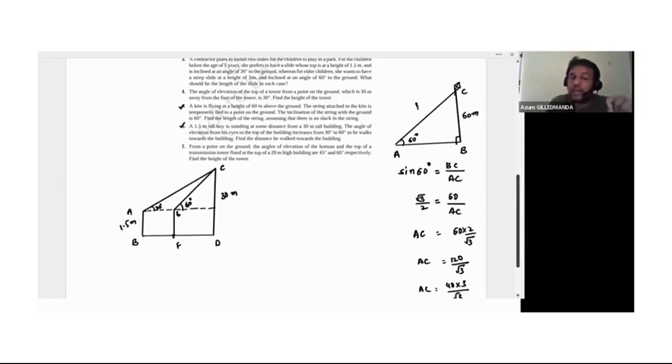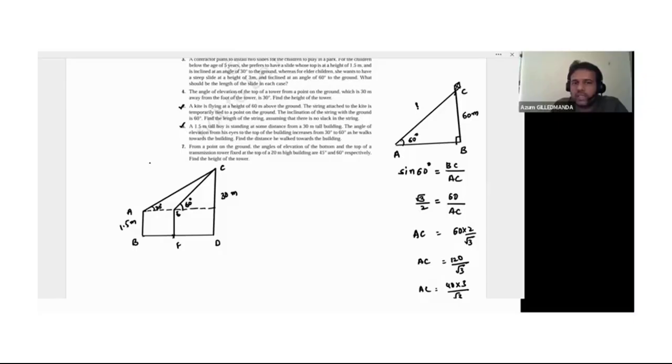So first, getting the diagram right is a very important thing in solving these height and distance problems. Okay. So here, a boy is there, a building is there, the heights are given, 1.5 meters and 30 meters. And from that point, he looked at the top of the building, that is a 30 degree angle of elevation.